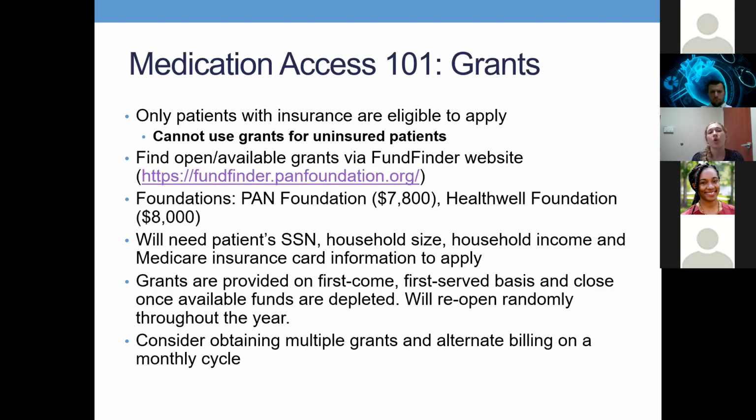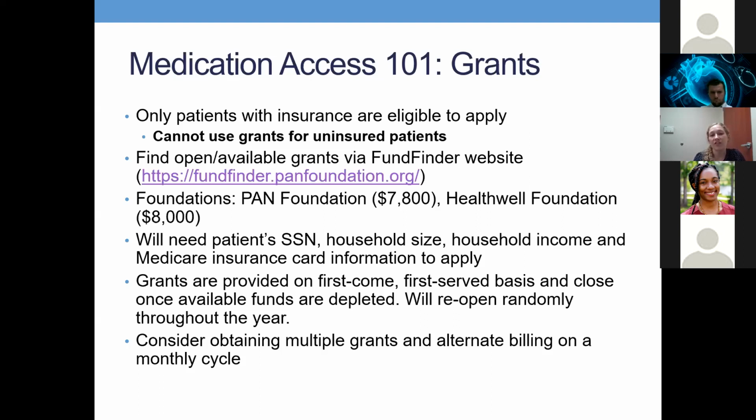To talk a little bit more about grants, only patients with insurance are eligible to apply. So we cannot use grants for uninsured patients. And additionally, most grant foundations will stipulate that the patient has to have Medicare. They cannot have commercial insurance. You can find open or available grants via the Fund Finder website. And this lists all the different disease states that have grants available. So we're going to be focusing on the Amyloidosis Fund.